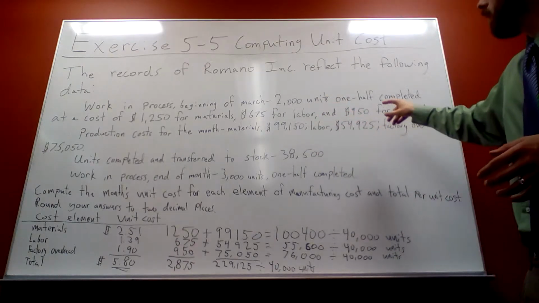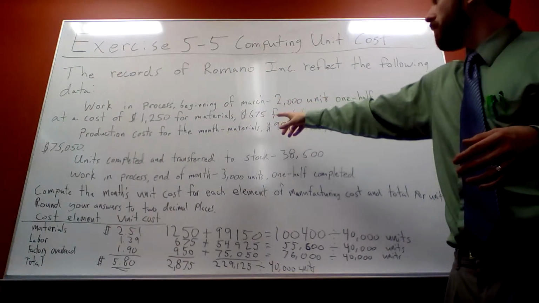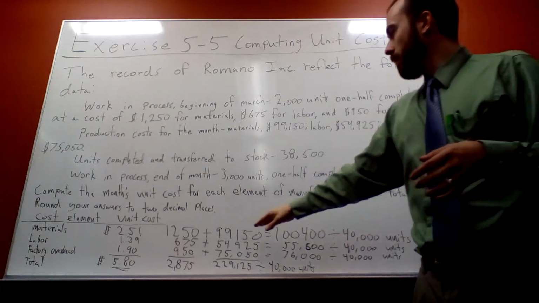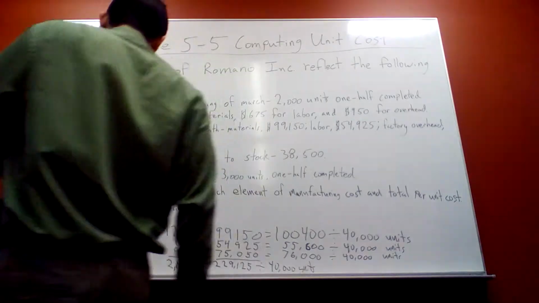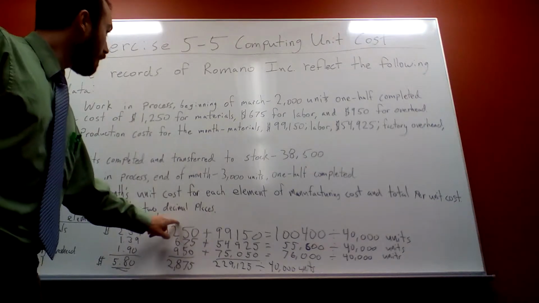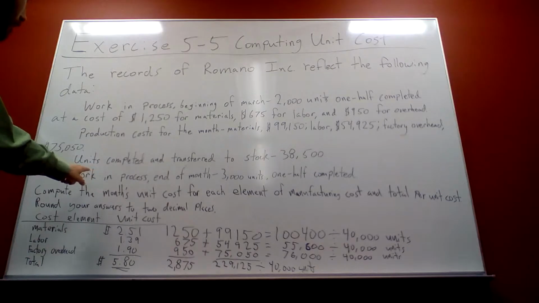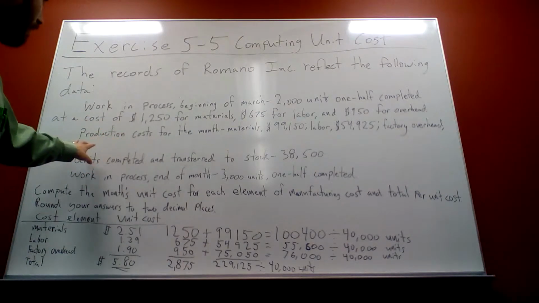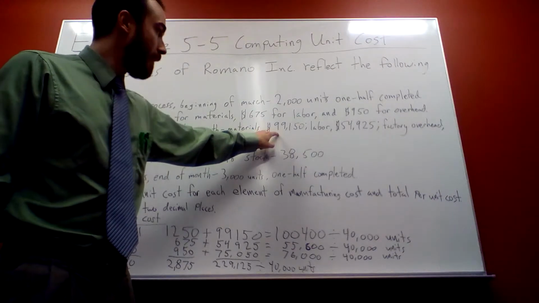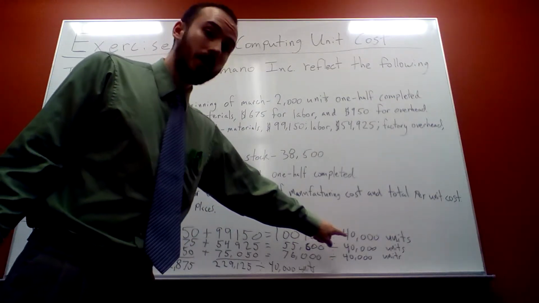But we do take the $1,250, the $675, and the $950, and as you can see down here, we have materials, labor, factory overhead, total. So we take the beginning month's materials plus the production cost for the month, $99,150, add them together, and then divide by 40,000.